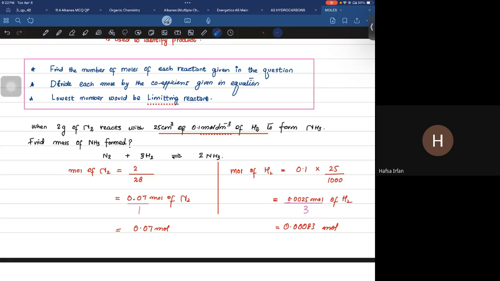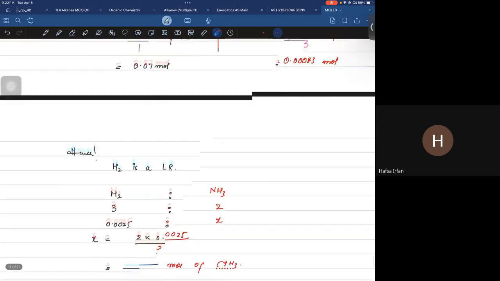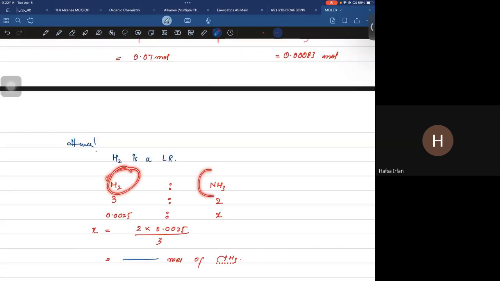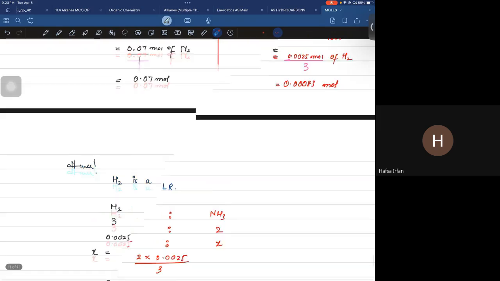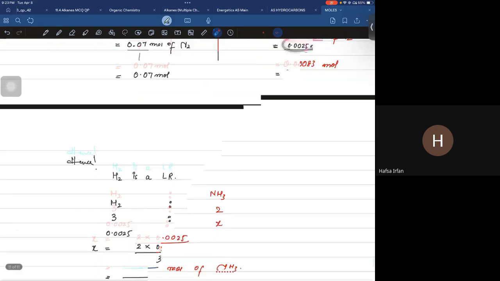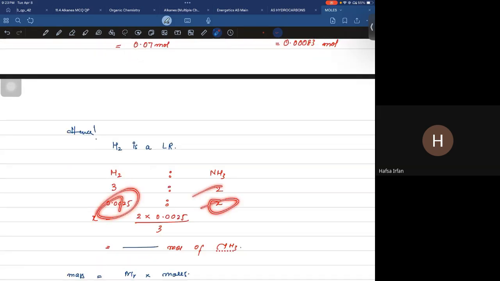So what you would be doing is taking the mole ratio between hydrogen and ammonia, not with nitrogen. This is the main idea. That's the reason we were identifying the limiting reactant. According to the equation, it has 3 moles of hydrogen and 2 moles of ammonia. I got the moles of hydrogen, that was 0.0025, and this is X. So cross multiply, then you would get the moles of ammonia.